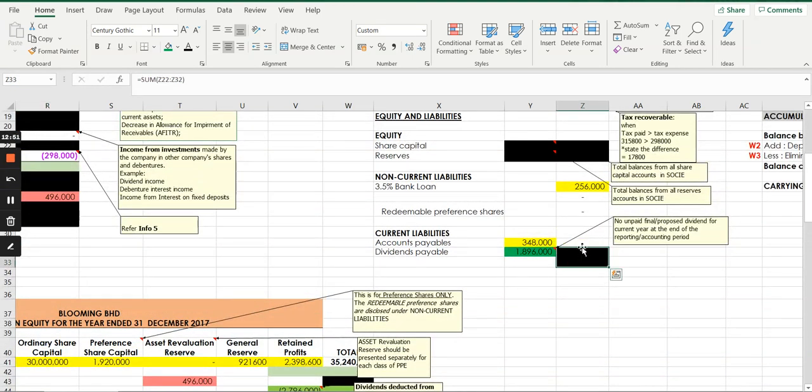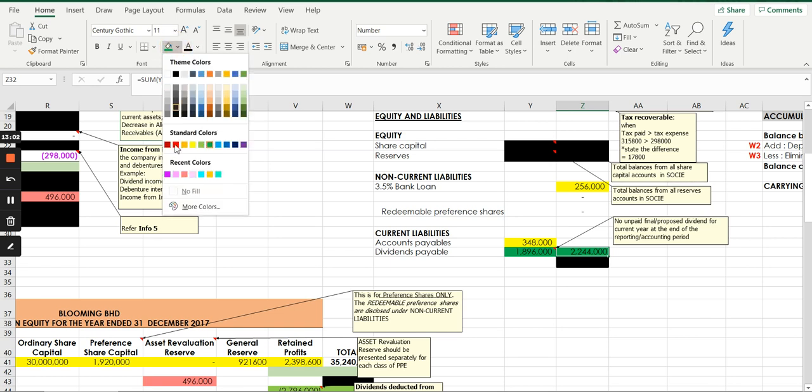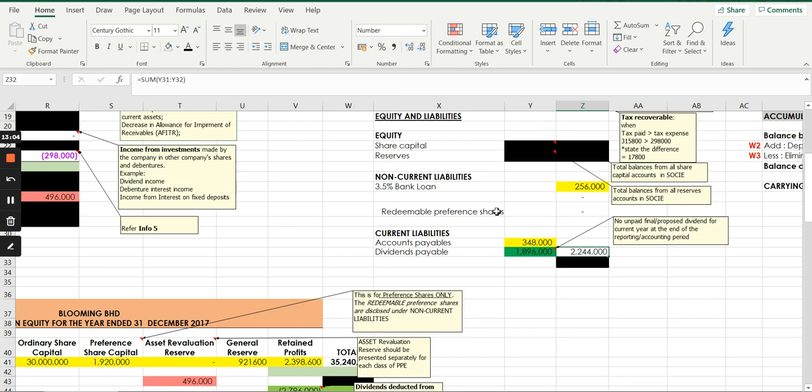That will give you the total for your current liabilities as well. You are done with that.